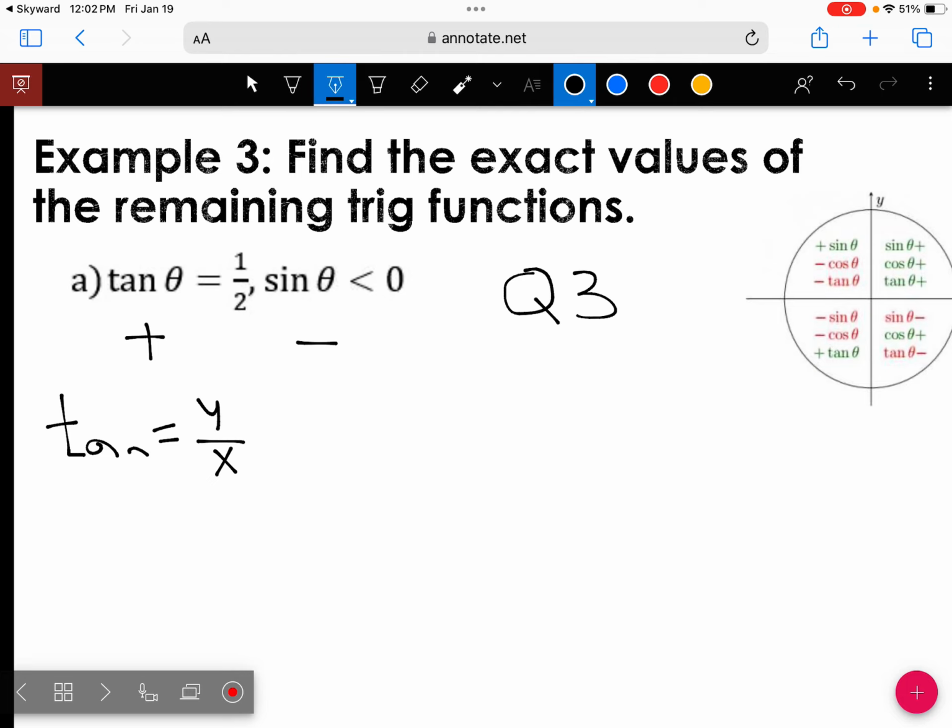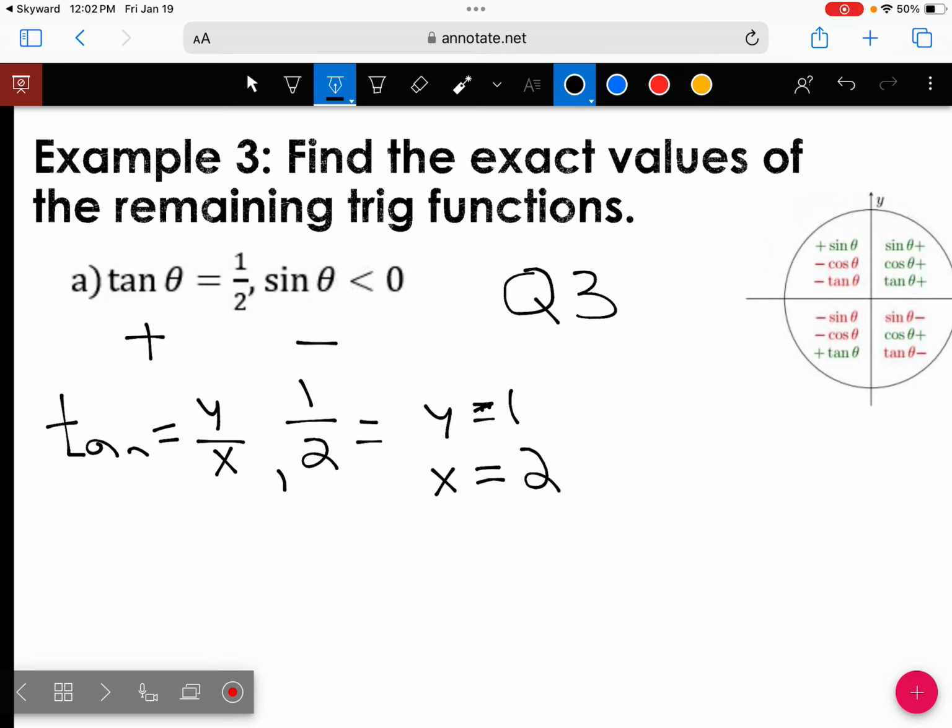So then, if tangent equals 1/2, then that means y equals 1 and x equals 2.